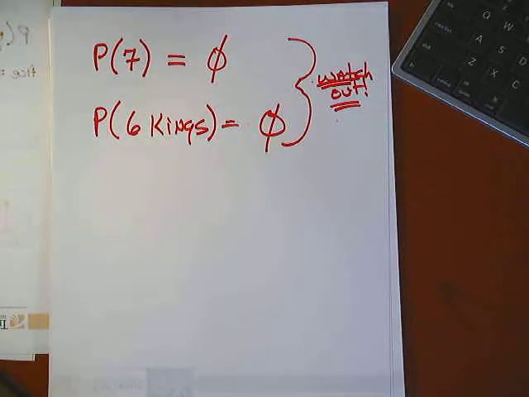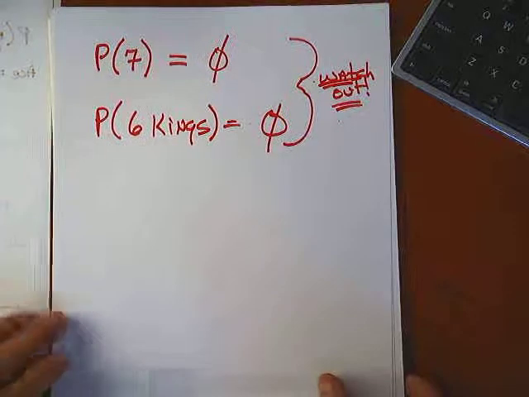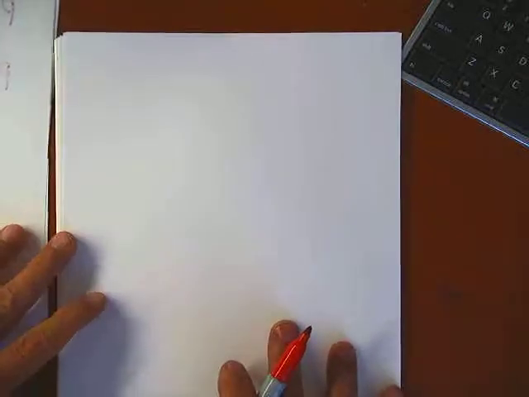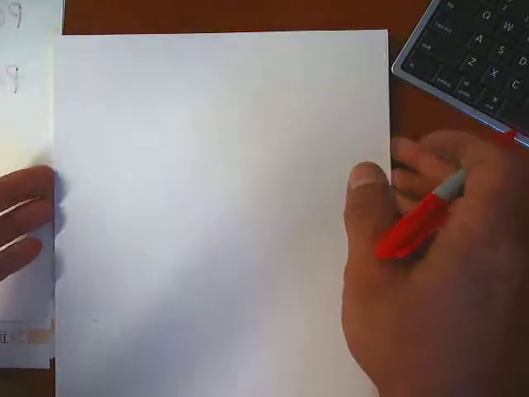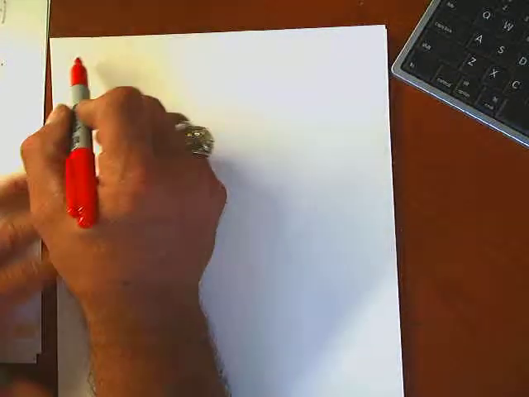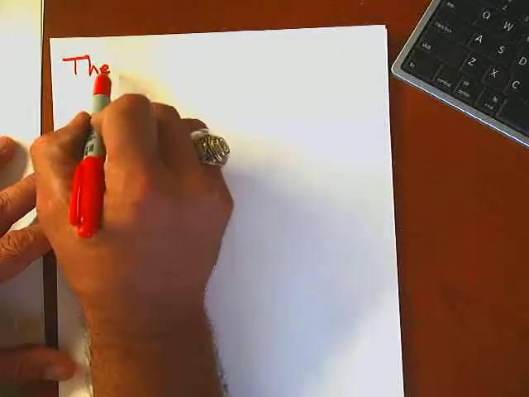You can't get 6 kings, you can only get 4 kings. So these are, I wouldn't say trick questions, but just watch out for these type of questions because they will get you on a test. And they're real simple. So those are a couple of events that kind of get people off guard.